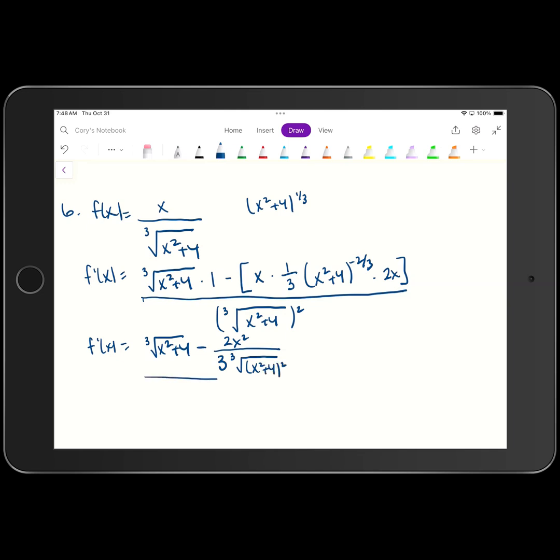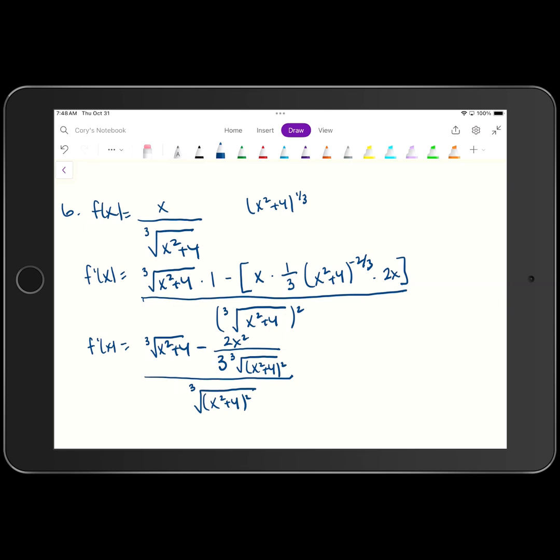On bottom, we have the cube root of x squared plus 4 quantity squared. Okay, so we want to simplify this. Again, we have a complex rational expression here.